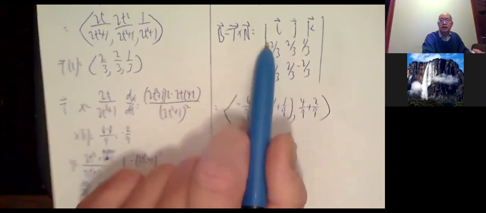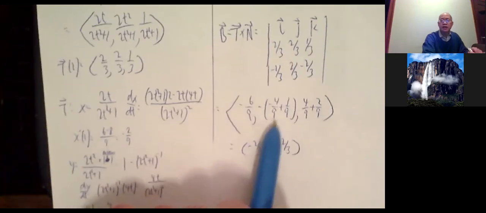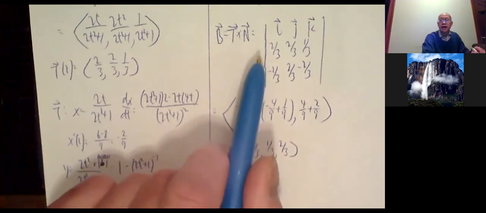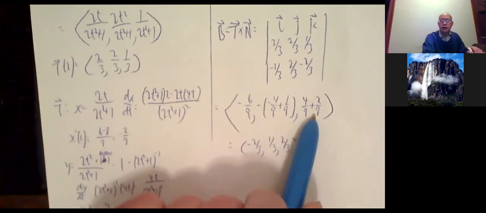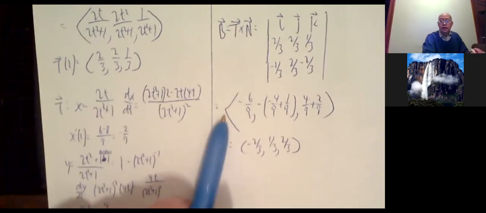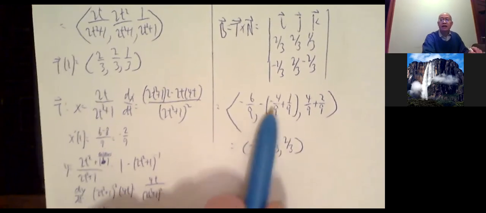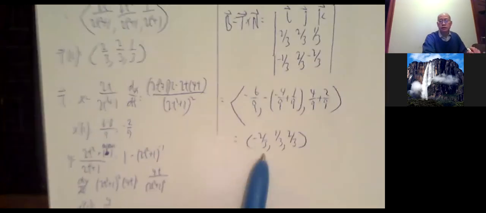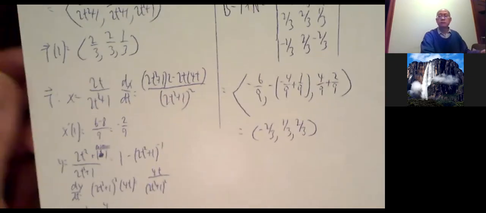Minus j: that times that is negative 4/9, minus a negative 1/9, plus 1/9. And then k: 4/9 minus a negative 2/9, 4/9 plus 2/9. So negative 2/3, 1/3, and 6 over 9, 2/3. There we go. So this is the vector B.